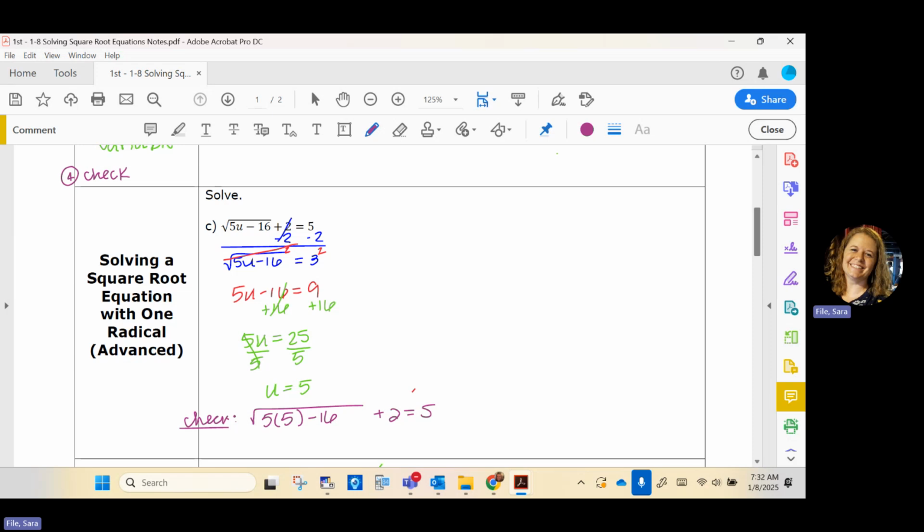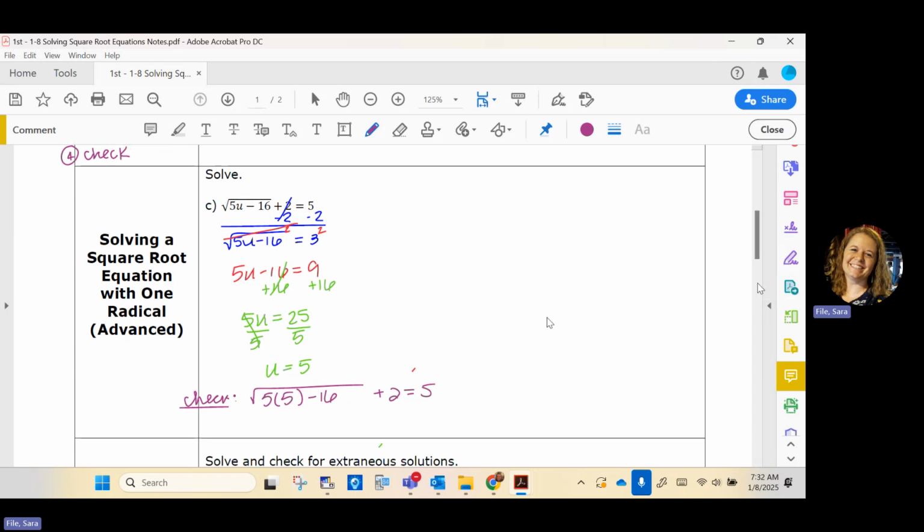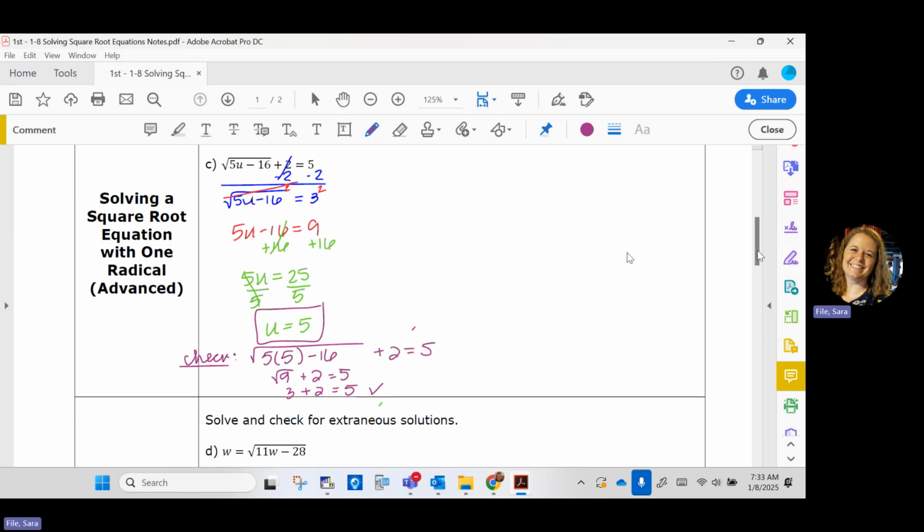So 5 times 5 is 25, and 25 minus 16 is 9. So the square root of 9 is 3. 3 plus 2 is indeed 5. It checks out. So 5 is my solution. Cool? Questions so far?